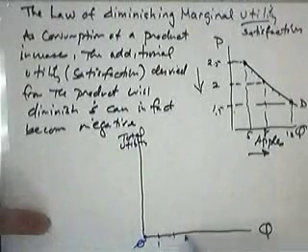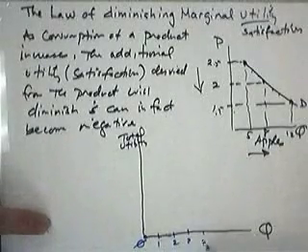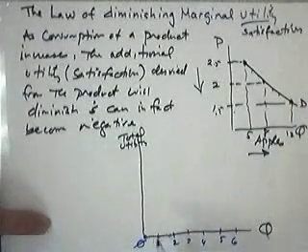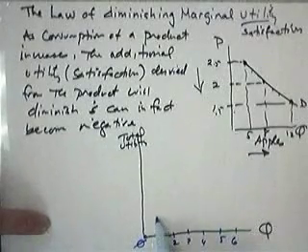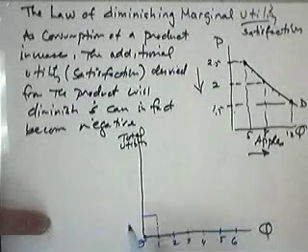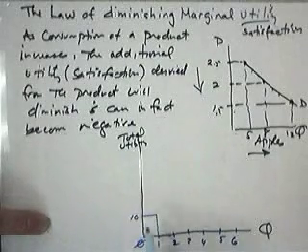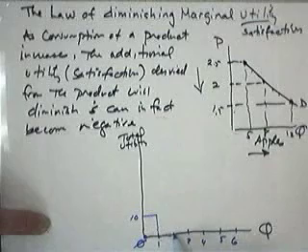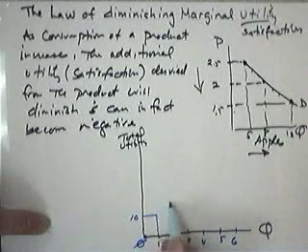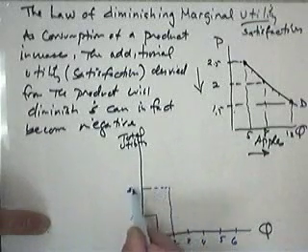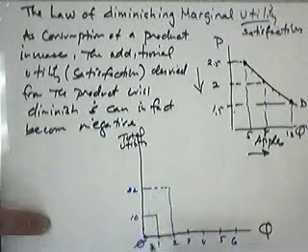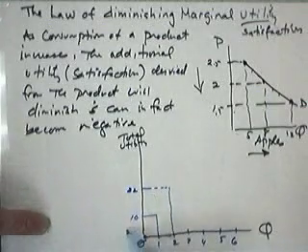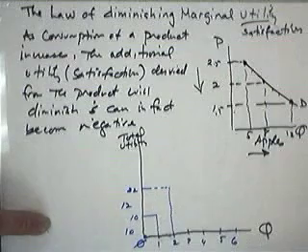When you consume one unit, it gives you a tremendously higher level of satisfaction, let's say 10 units. When you consume one more, it perhaps jumps to 22 units from here. So this is 10, this is another 12.